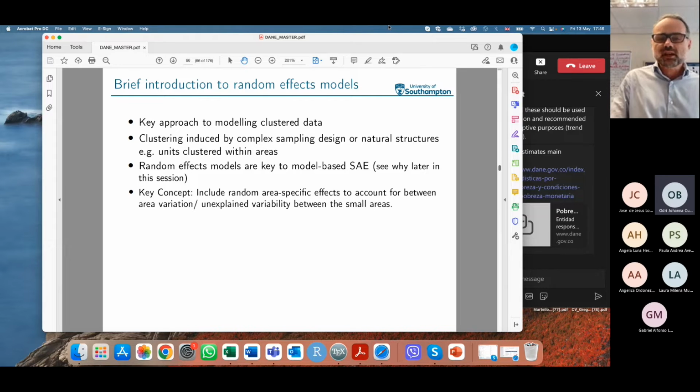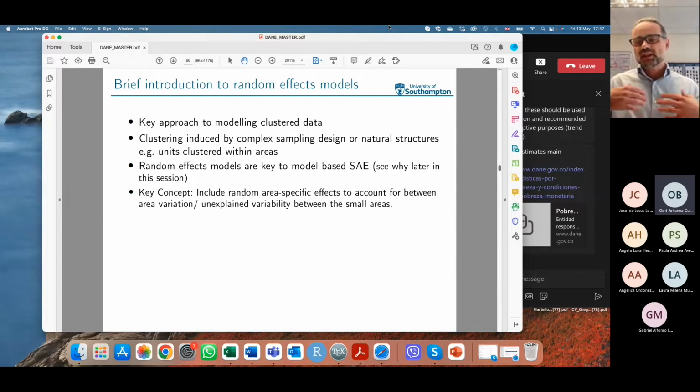So the key concept here, as we will see, is to include a random effect, which is area specific. In your case, it will be municipality specific. This is to try and account for what we call between-area variability, that is, unexplained variability between the small areas, between your municipalities.